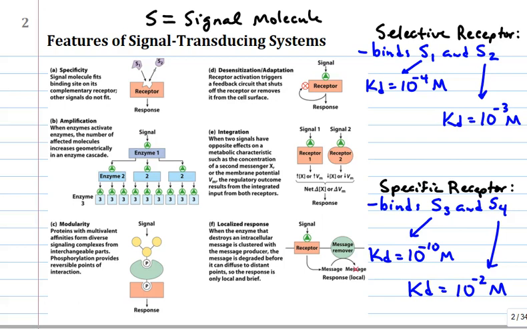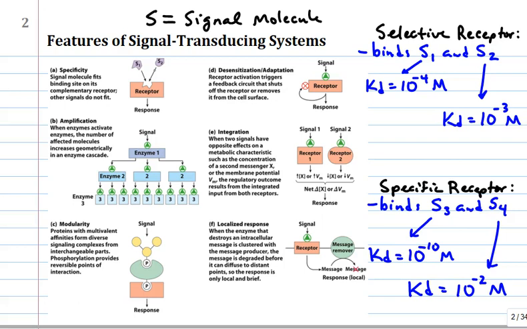There are just some common themes that apply to these signal transducing systems that I want to get out right now, and then we're going to give specific examples of most of these as we move along. The first one is specificity. Don't you think receptors need to be specific in terms of what they can and cannot bind?